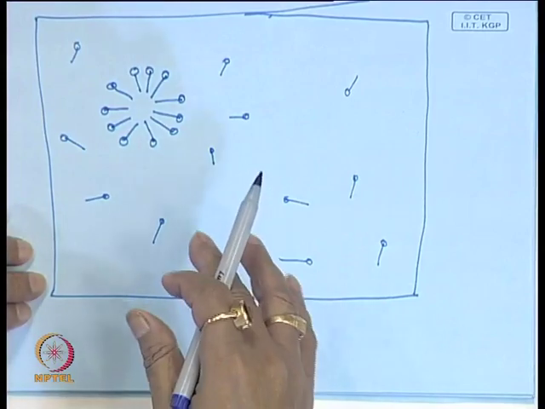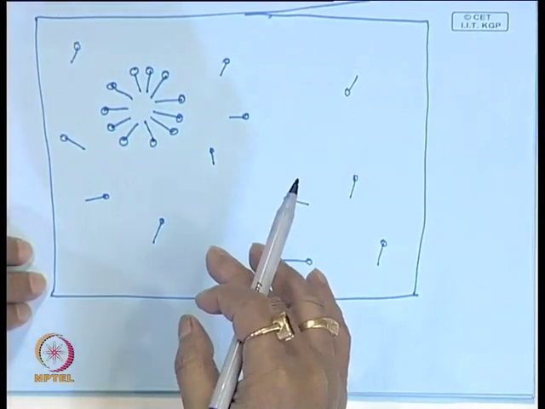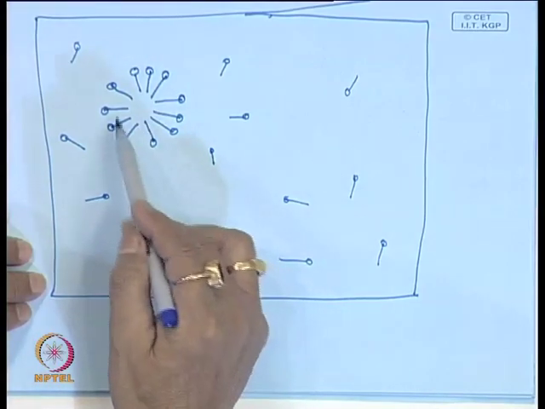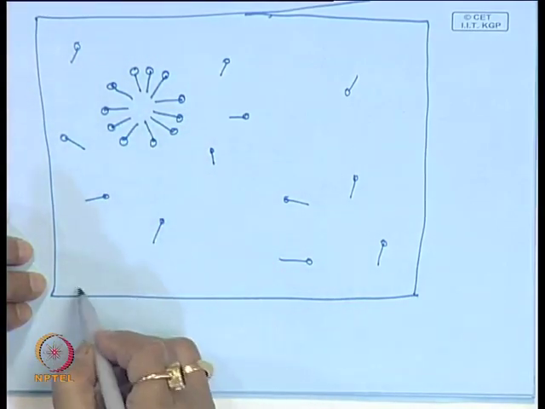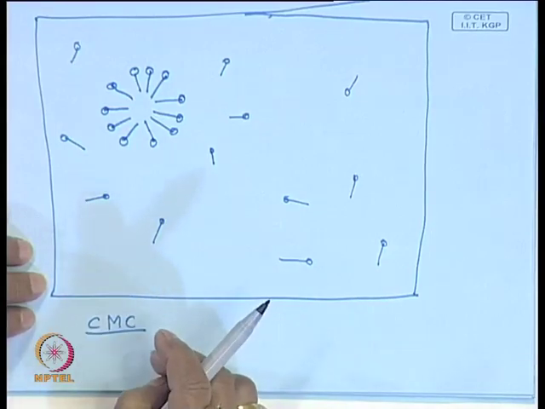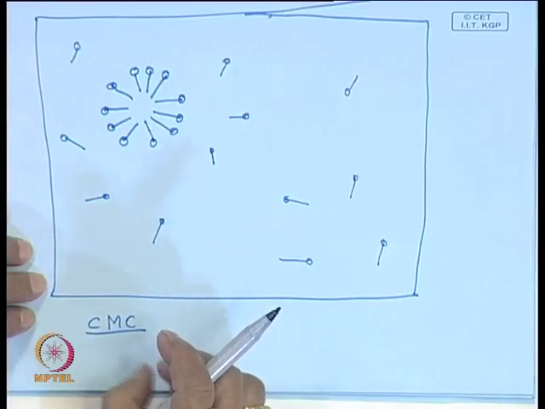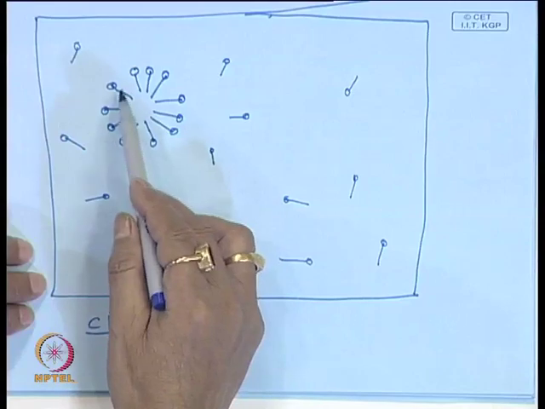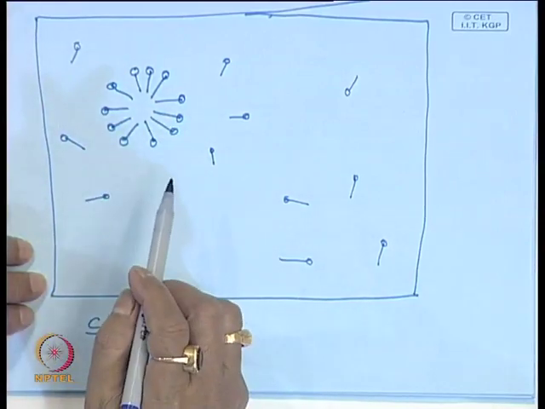If the concentration exceeds a certain critical concentration, then only the soap molecules will form micelles. That is called CMC, critical micellar concentration. So, we have to take the amount of soap in such a quantity that it forms a large number of micelles of such kind. Do you understand?